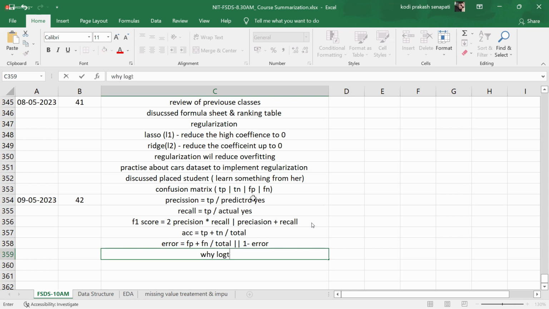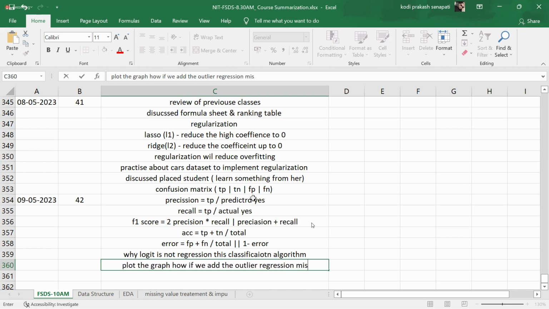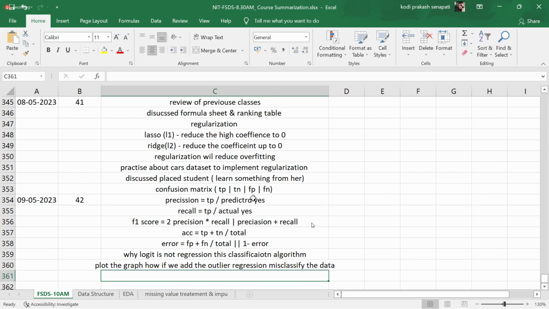logistic, I can say logit, is not a regression. This is a classification algorithm. Understand or not, guys? And we plotted the graph, how if we add the outlier, the regression line misclassifies the data, isn't it?